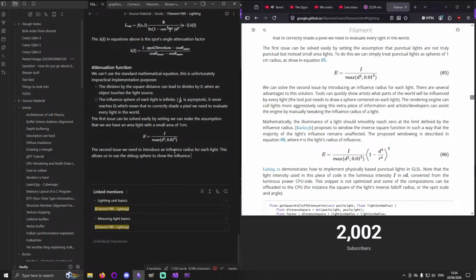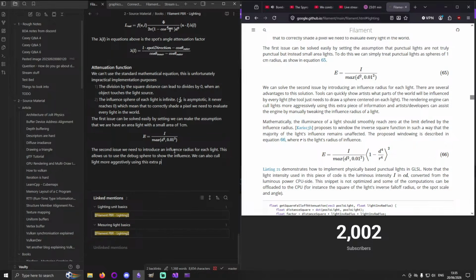But anyway, the rendering engine can cull lights more aggressively using an extra piece of information. So we can also, which we're going to use later, cull lights more aggressively using this extra piece of information.